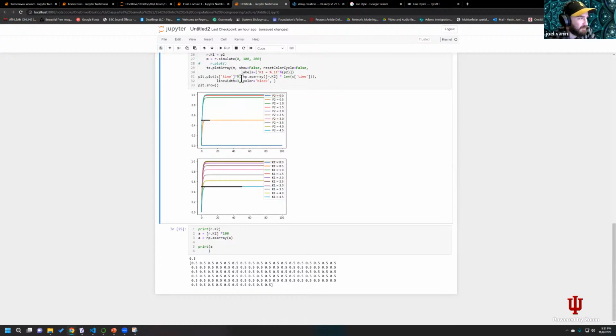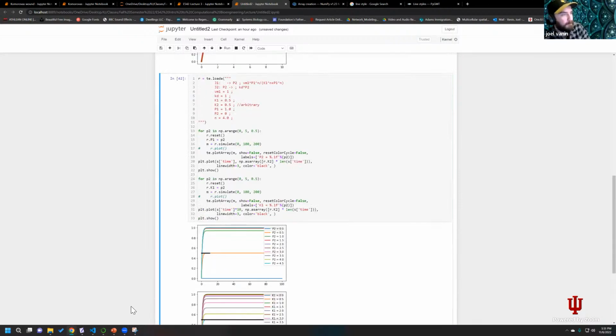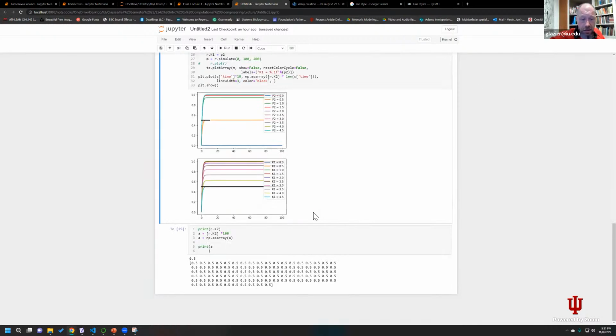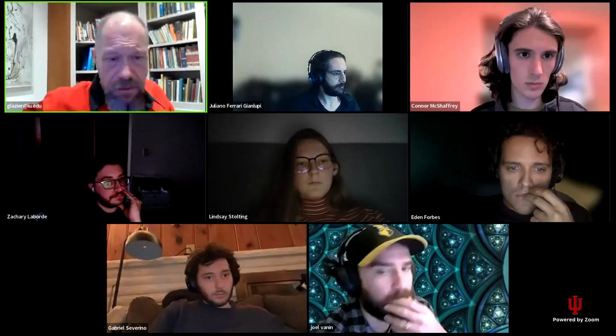This one, I agree, is a little bit tricky, and there is code for it. It's not the most elegant, but it is available. Let me come back to that for a second here.